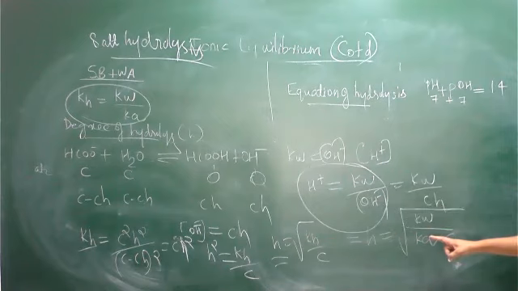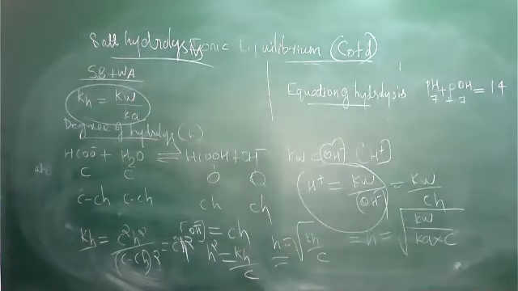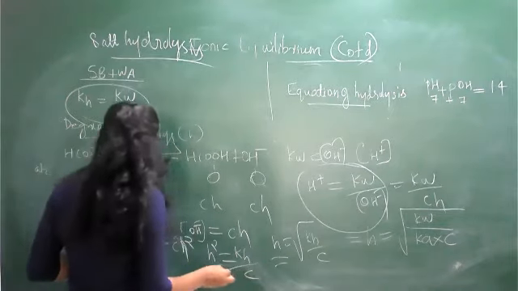How will we find the H plus ion concentration after substitution? H plus ion concentration is Kw into Ch.